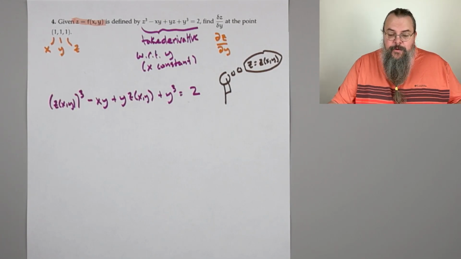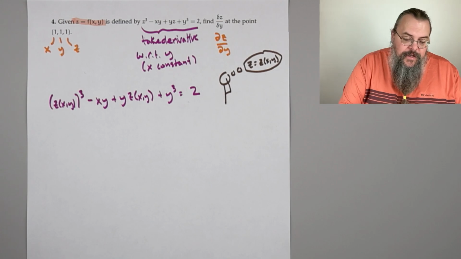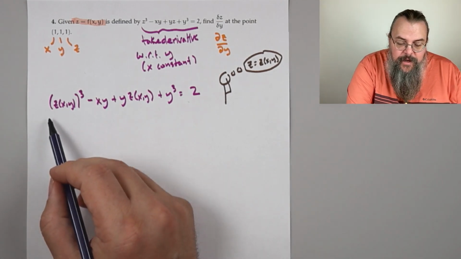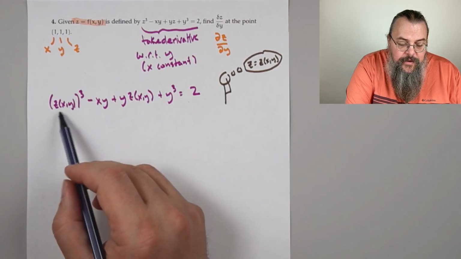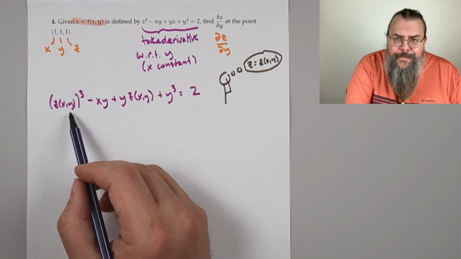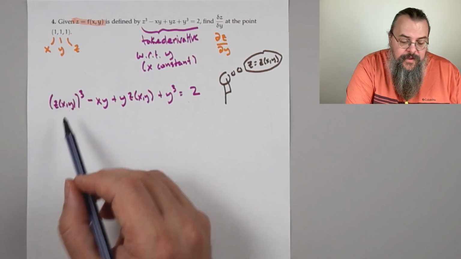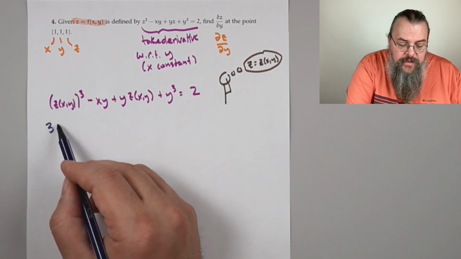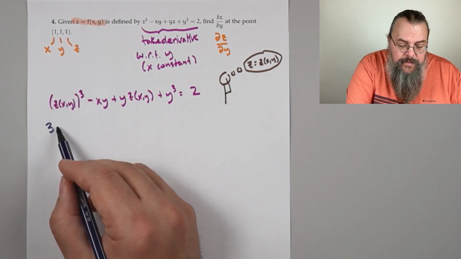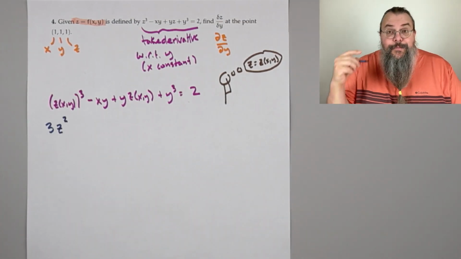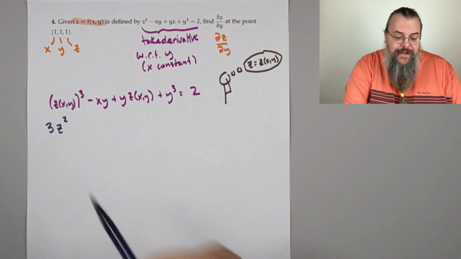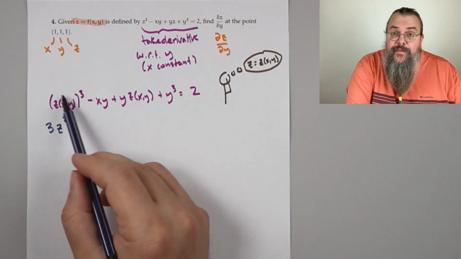All right. Well, let's start. Taking the derivative with respect to y of everything. So here, well, I see a z. Okay, so we got to account for that term. Chain rule. We bring the 3 down. Then the outside part stays the same, which is z squared. But now take the derivative of the inside. The derivative of the inside is z.